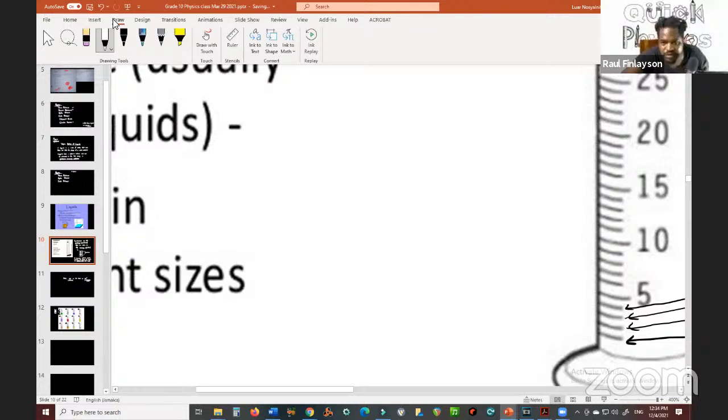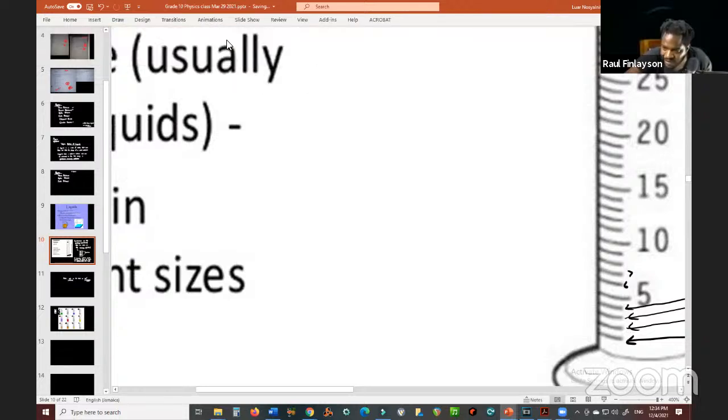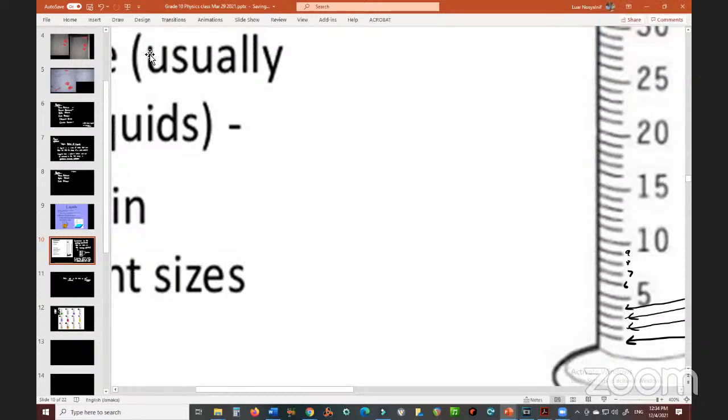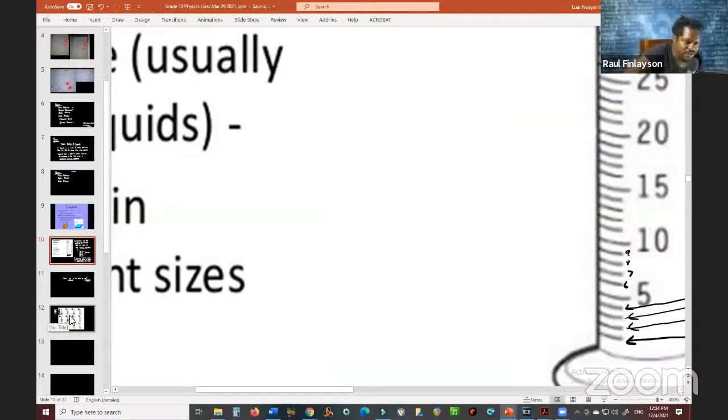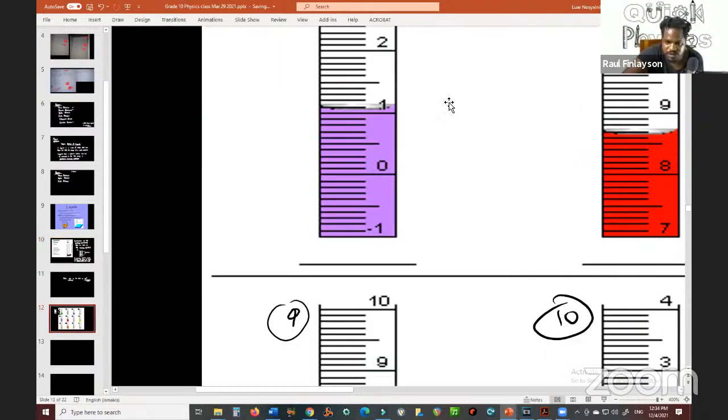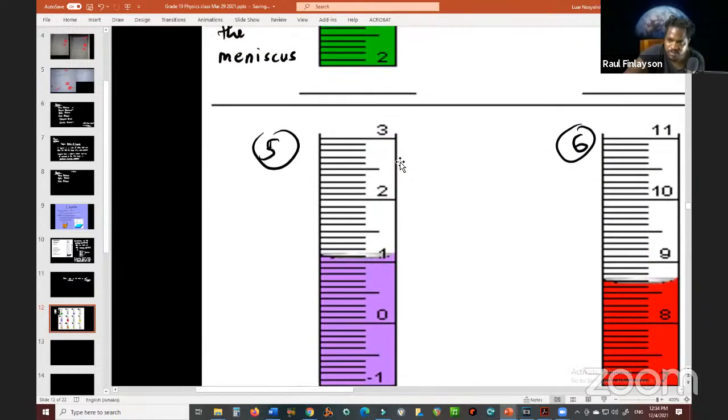Let's go with the black marker here. This is 6. This will be 7. This will be 8. This will be 9, and there's 10. Everybody seeing that one? Yes, sir. All right. So that is one type of measuring cylinder. Remember now, every measuring cylinder is different. And so that's how you have to get accustomed to them or get used to it.